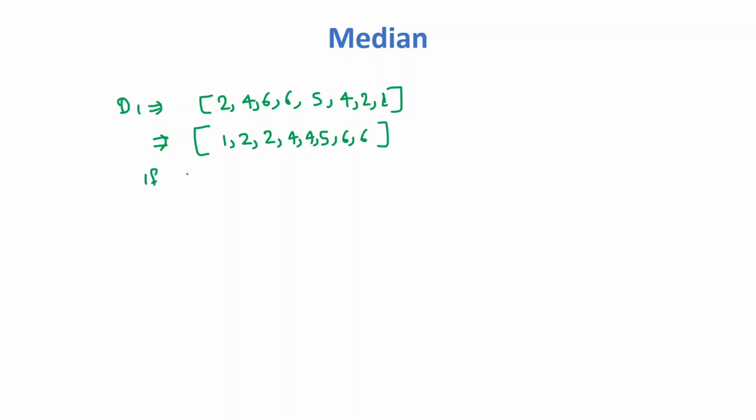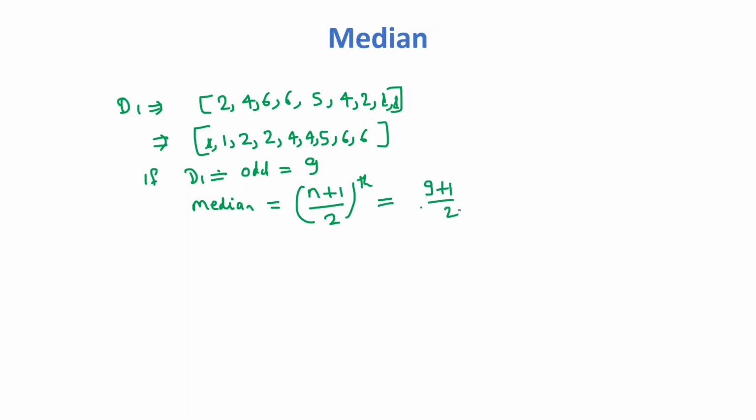Now if the data set count is odd, then the median would be the (n plus 1) divided by 2 value. So n is 9, plus 1, divided by 2, this is the fifth value. So 1, 2, 3, 4, 5, our median would be 4.